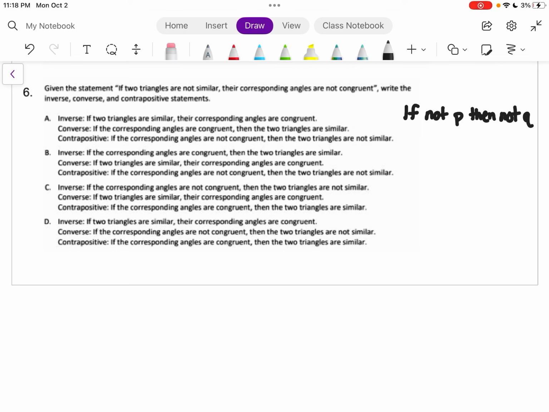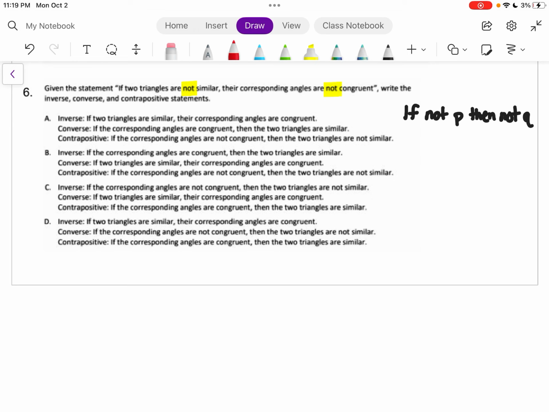It actually negates or does the opposite of the original statement. Our statement already has the word not in it. So the inverse would actually remove the word not from our statement.